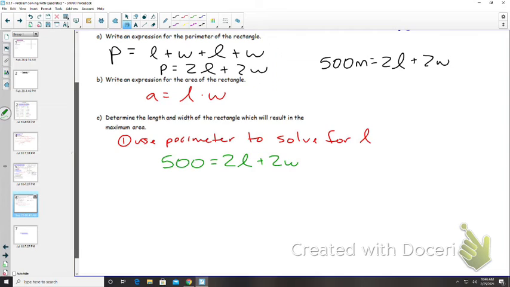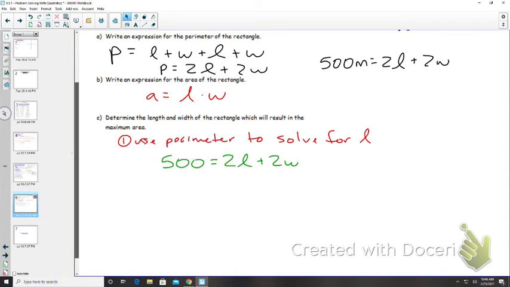Okay, so we are going to arrange this formula here so L equals everything else. So we're going to get L all by itself. Okay, so how do we get L by itself?